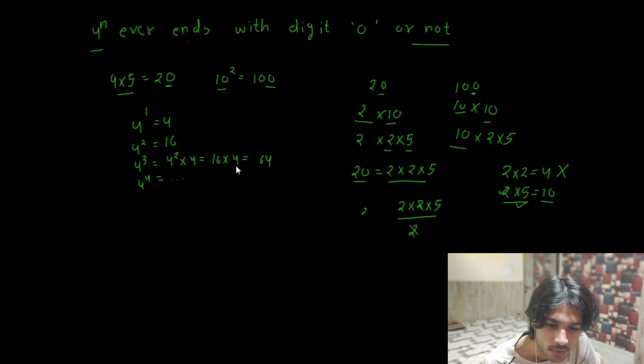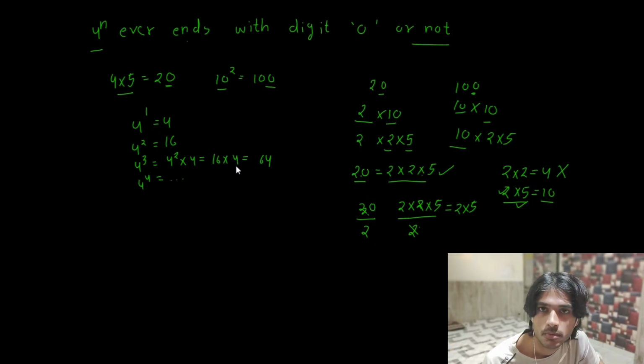It will simply give me 2 multiplied by 5. Because 2 divides the right-hand side, and the right-hand side is equal to the left-hand side, 2 must divide the left-hand side too, right?